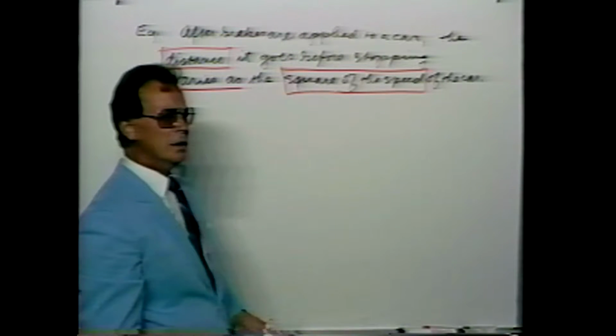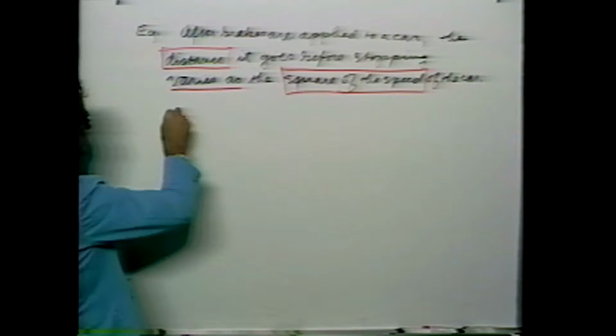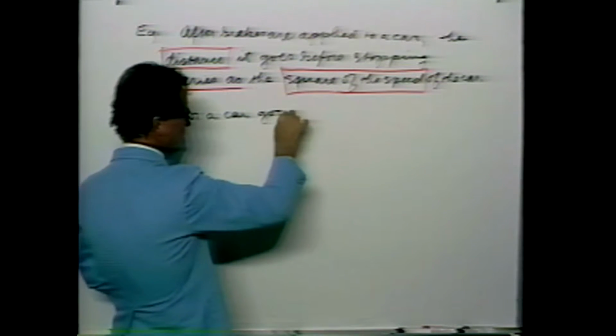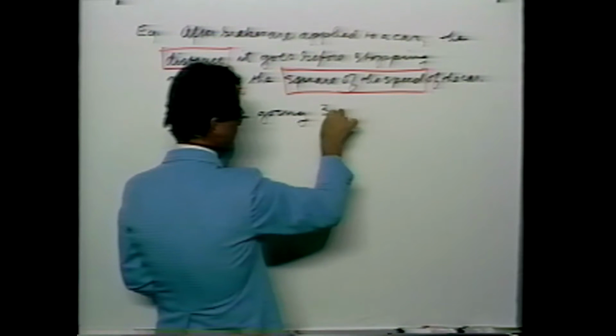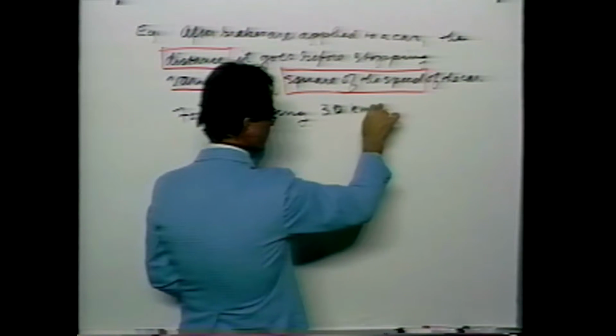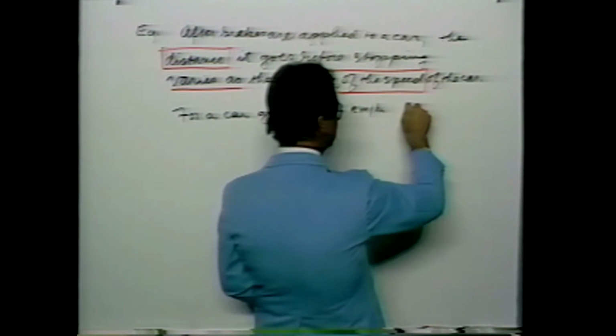Let us continue with the question. For a car going 30 kilometers per hour, the stopping distance is 12 meters.